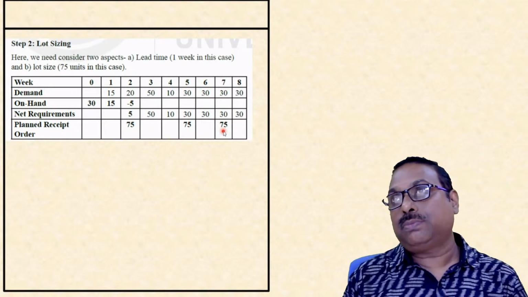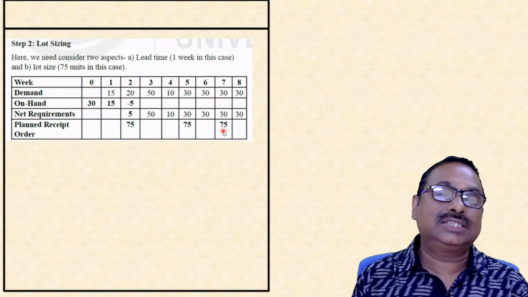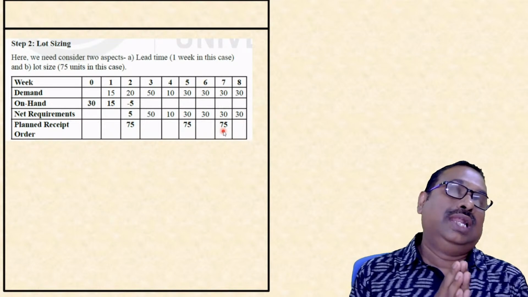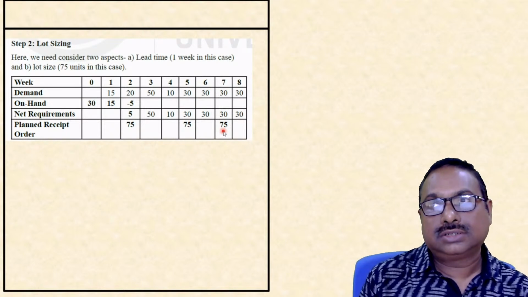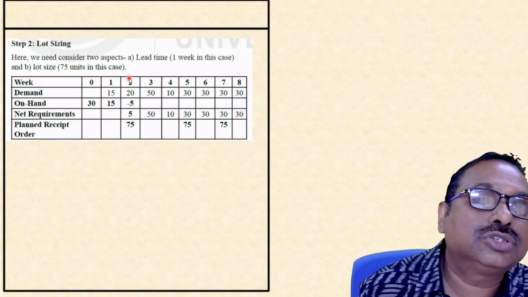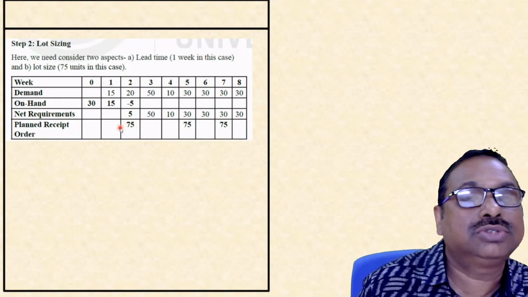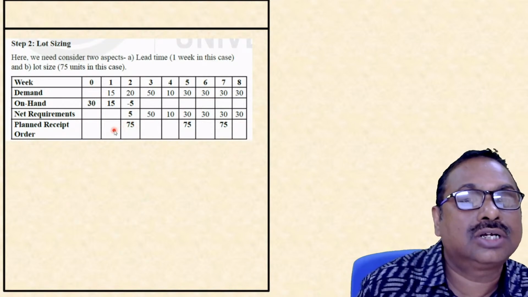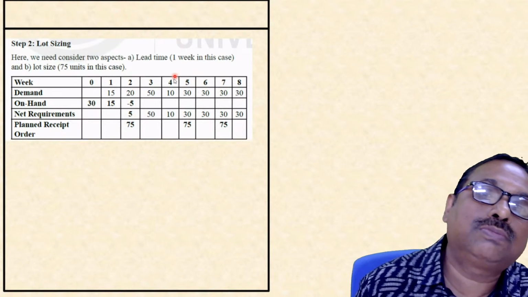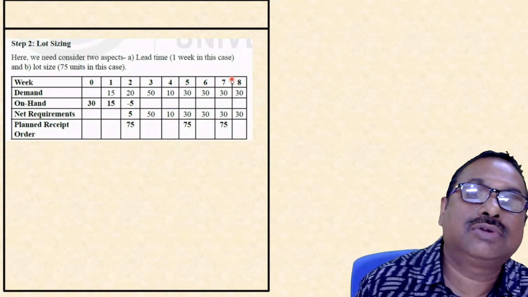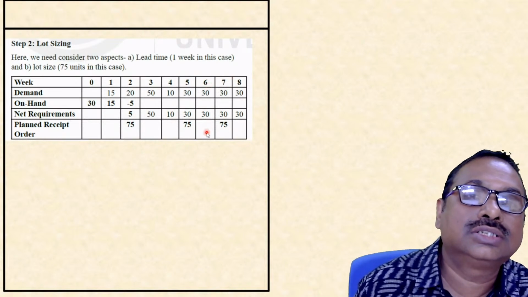But when you have to place the order, because the lead time is 1 week, suppose you want the material in the second week, you have to place the order in the first week. This 75 you have to place the order. For this 75 you have to place the order in the fourth week, and this 75 you have to order in the sixth week.